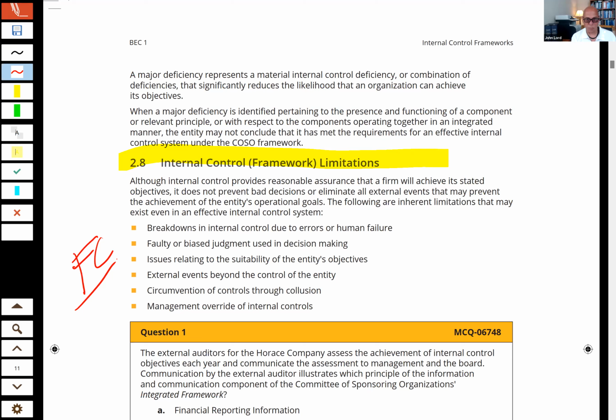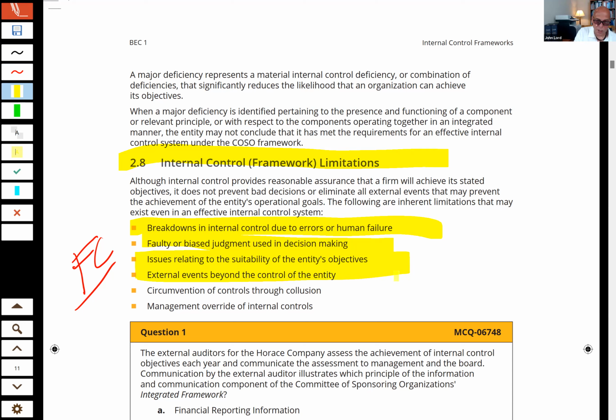Now, you don't write bullet points in a question. You would address these in paragraphs. So you would write down, breakdown, human failure could cause a breakdown in internal control. Human failure can come from misapplication of the control activity or misunderstanding of the control activity, right? Biases and judgments, issues relating to the sustainability of the entity's objectives, okay?